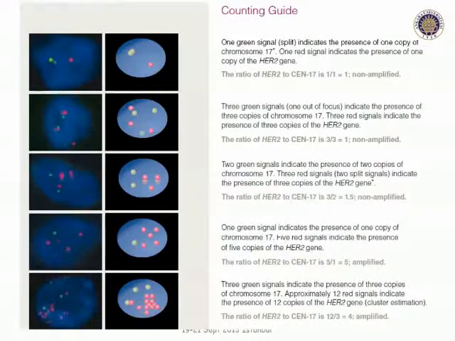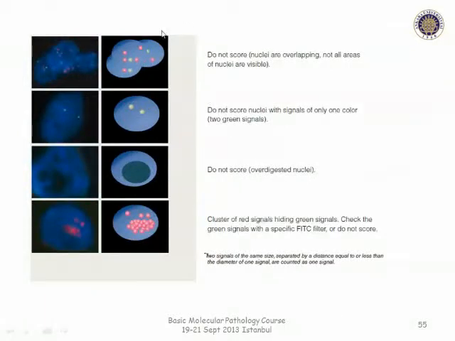There are so many counting methods. You can have guides for your probes and for the detection systems. For HER2/neu, there is a guide, and in this guide it is mentioned that you should not count the superposed signals and not count all these clumped signals.